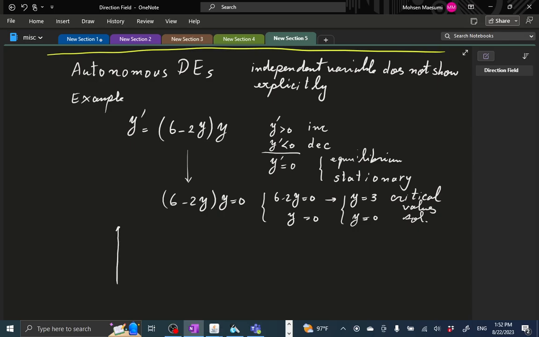Is that right? So if I have in my plane some x and y is equal to 3, whatever x is, and y is equal to 3.